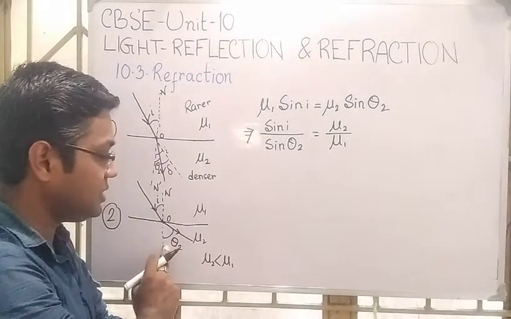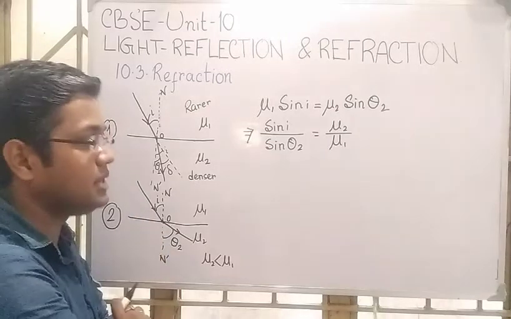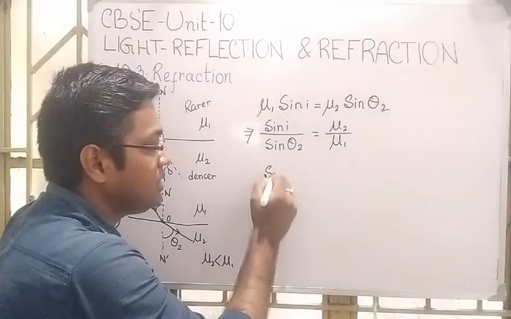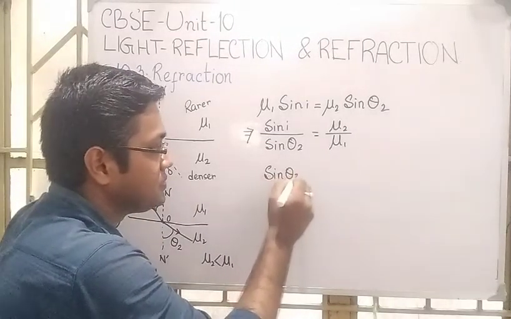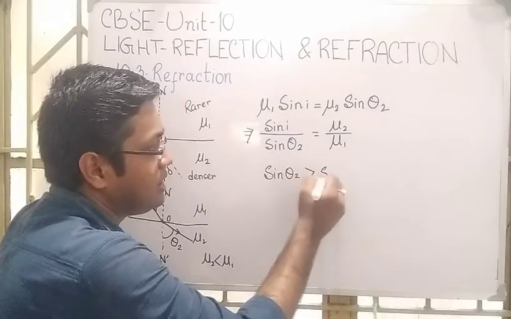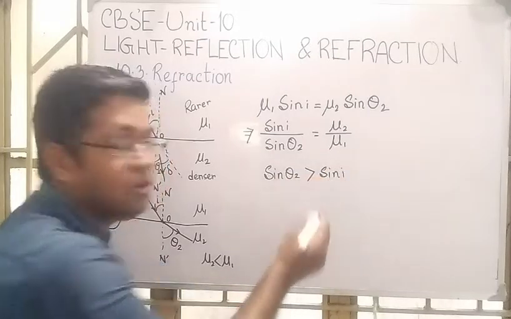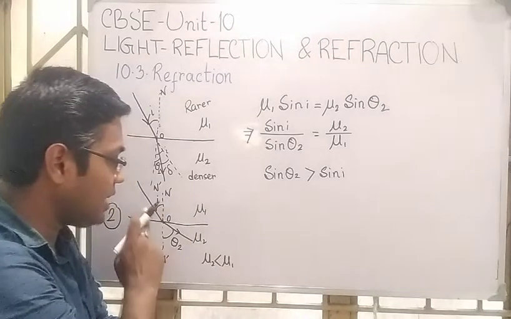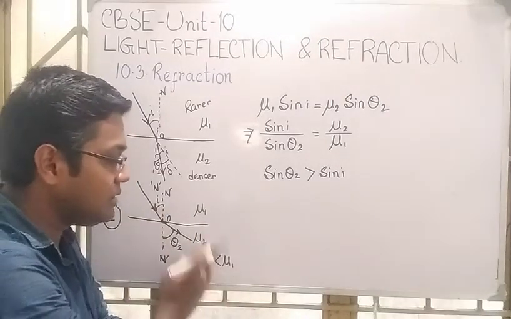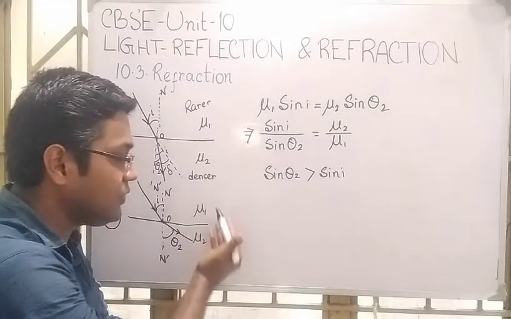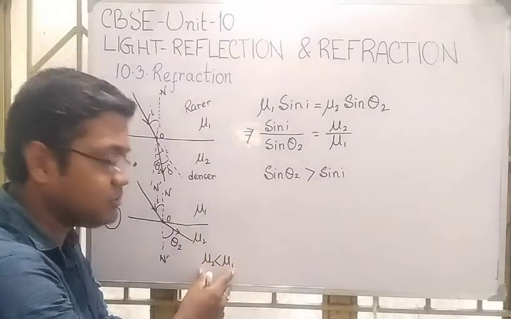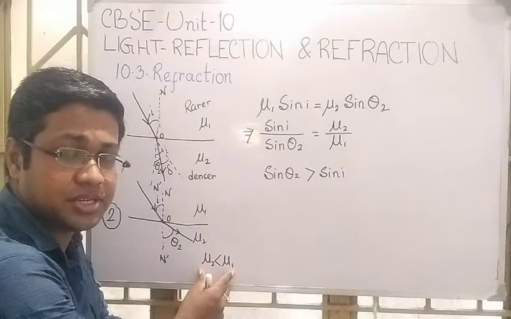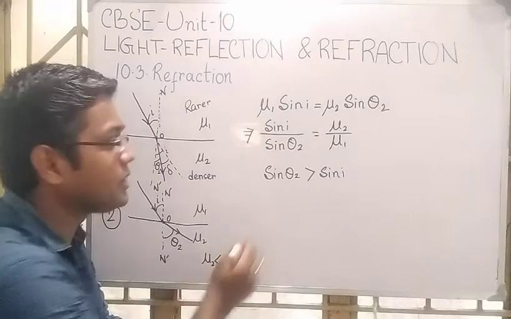Since theta 2 is greater and i is less, I can write sin theta 2 is greater than sin i. I can also prove it alternatively. By considering the angles, we can prove what the relation between the refractive indices is. We have assumed that. Let us check whether it is correct or not.